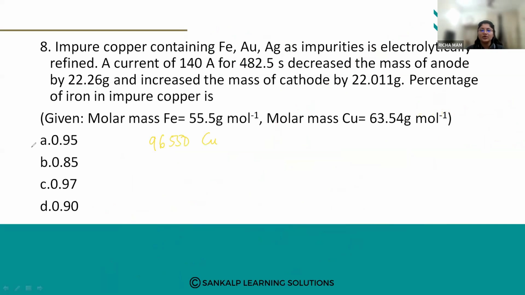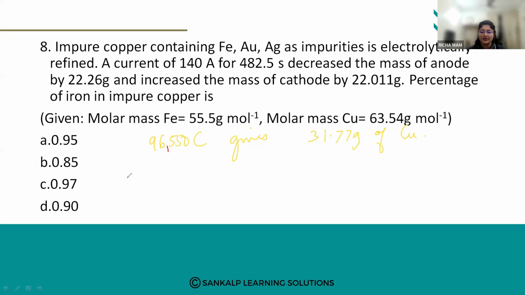Now 96,550 coulombs, if you pass this much, it gives you 31.77 grams of copper. So this is a standard. So for the 67,550 coulombs we just got, how much does it give you?